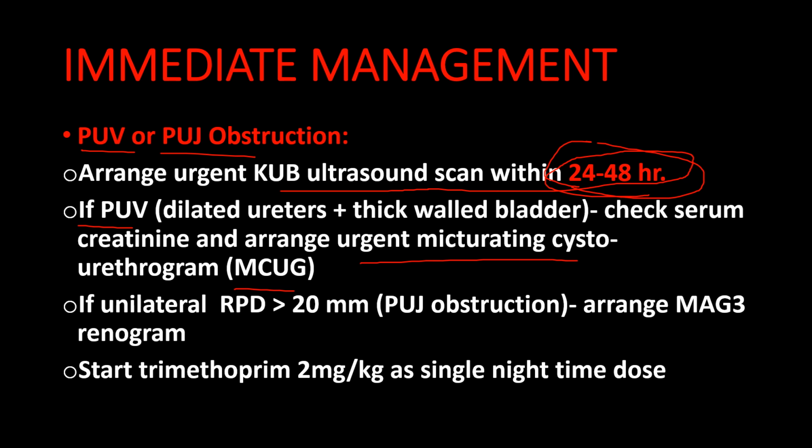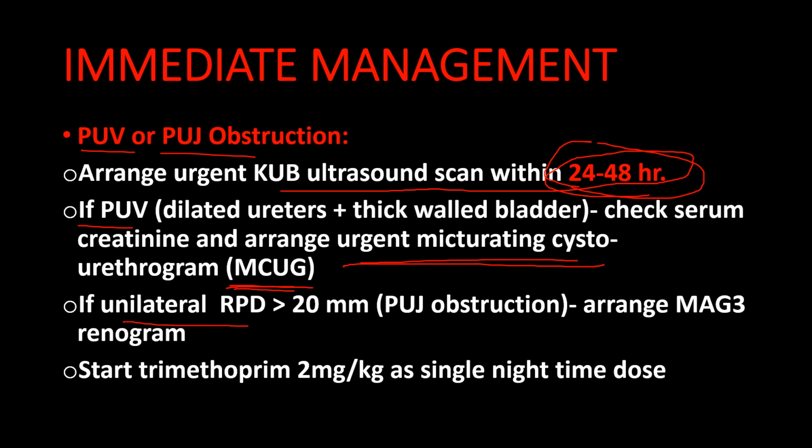With PUV, you will find bilateral dilatation and a thick wall bladder on the ultrasound scan, and in that scenario you should do an MCUG. But keep in mind, these investigations are done by the subspecialty, by the urologist, not by you. So you should discuss with the urologist for the MCUG.